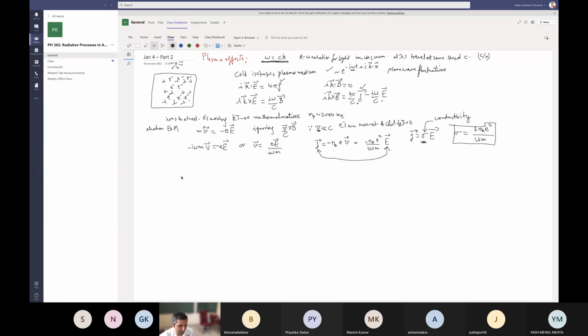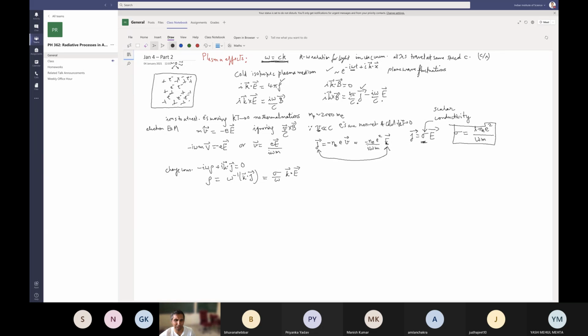We also have the charge conservation equation, which gives us minus I omega rho plus I k dot j is equal to 0, or rho is equal to omega inverse k dot j, which is equal to sigma by omega k dot E, because j equals sigma E, and we are using a scalar conductivity.